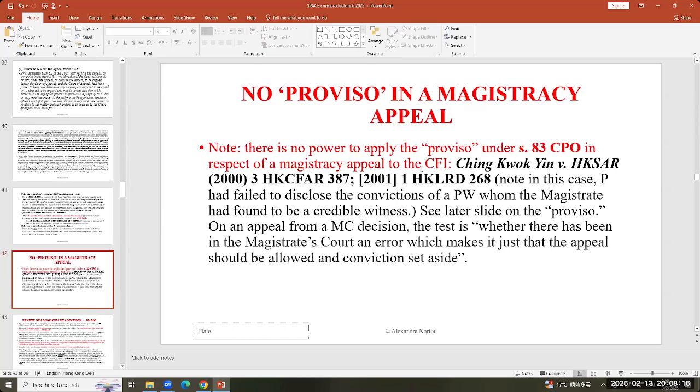We're going to talk about the proviso in a minute, but there is no power to apply the proviso under Section 83 of the Criminal Procedure Ordinance when a magistrate's decision is being appealed to the CFI. So the proviso is basically where the court on appeal thinks that there are valid grounds of appeal, right?